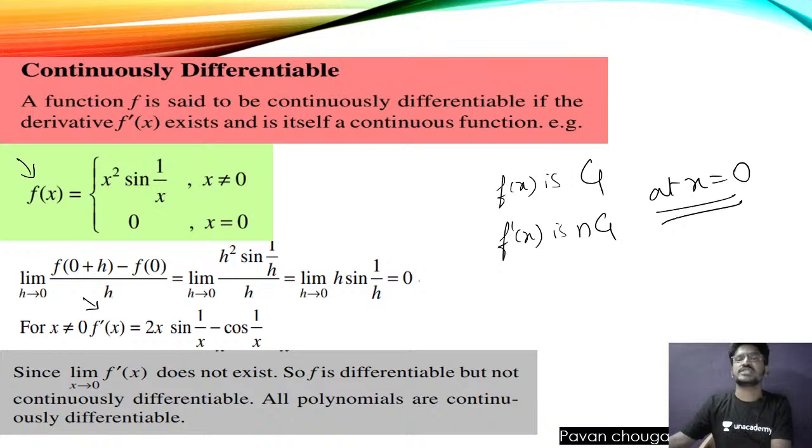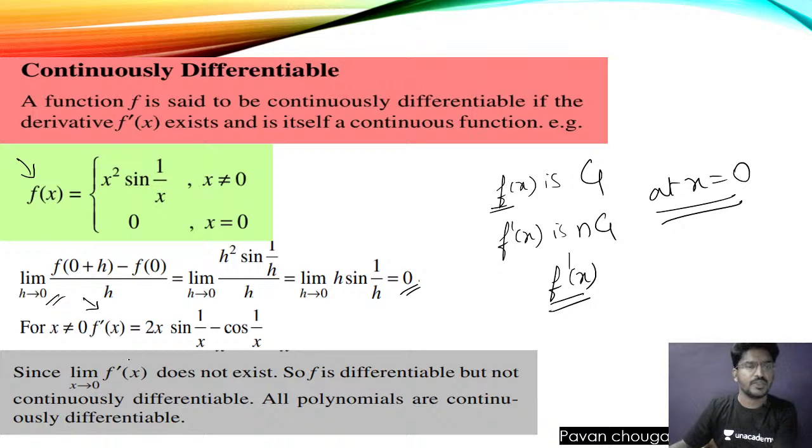Why is it not continuous at x equal to 0? See here, the limit exists with 0, so it is continuous, no problem for f of x. When you do differentiation, when you calculate f dash of x, what happens with it? See here, if I differentiate this function with the product rule, u into v, first I will differentiate x square and next I will differentiate sine of 1 by x.